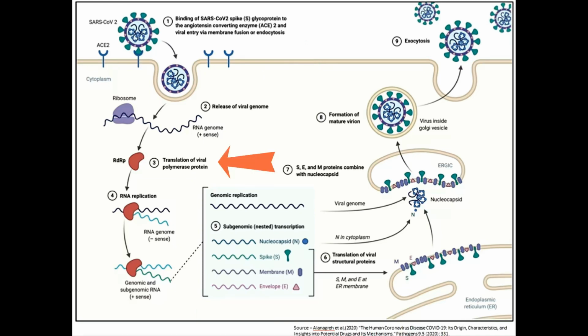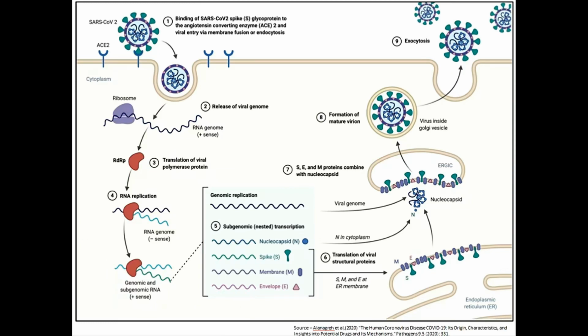In step 3, the viral RNA is directly used for translation of the replicase gene, also known as RNA-dependent RNA polymerase (RDRP). Then many of the non-structural proteins assemble into the replicase-transcriptase complex to support RNA synthesis and ultimately are responsible for replication of the RNA and transcription of subgenomic RNAs as shown in step 4 and 5.